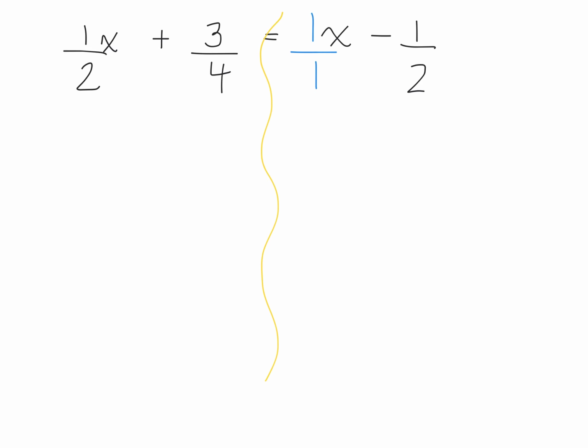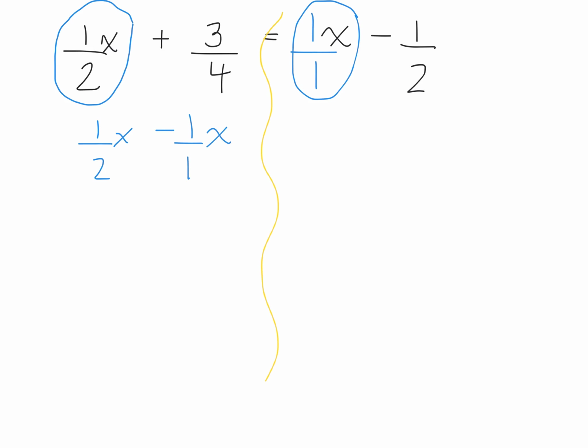So we know that 1 over 2x and 1 over 1x are like terms, right? Okay. Well, on the left side, I already have 1 over 2x, so that's going to stay there. What do I need to do with positive 1 over 1x? If it's on the left side, what does it become? Negative. Okay?